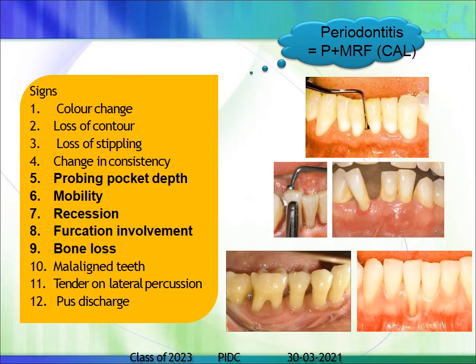So here you can see the 5 to 9. If all this is present in the patient, then you are going to say that the patient has attachment loss, and because of that it is periodontitis. So color change, loss of contour, stippling, change in consistency, probing pocket depth, mobility, recession, percussion involvement, bone loss, malaligned teeth, tenderness on lateral percussion, and pus discharge.